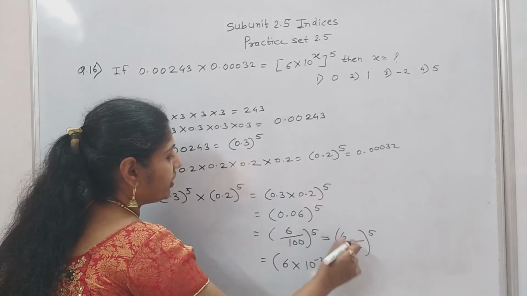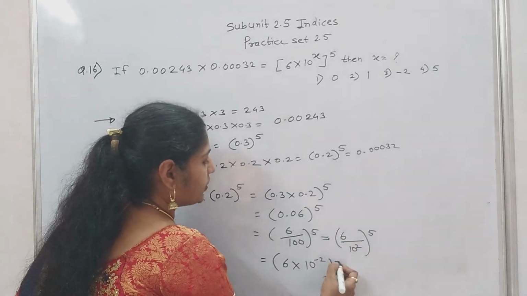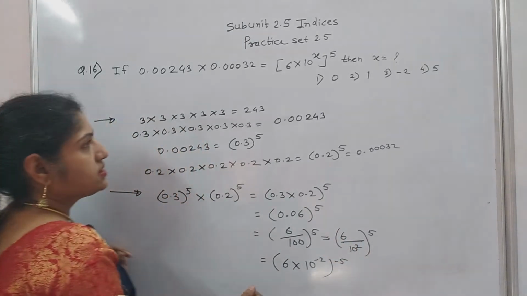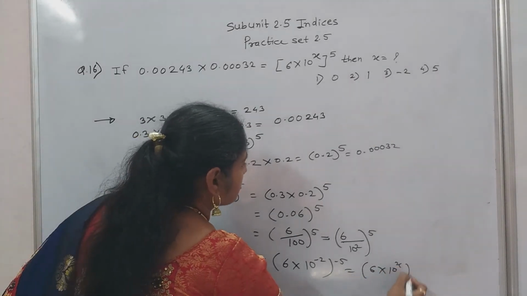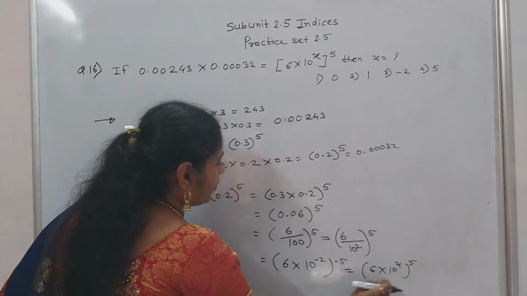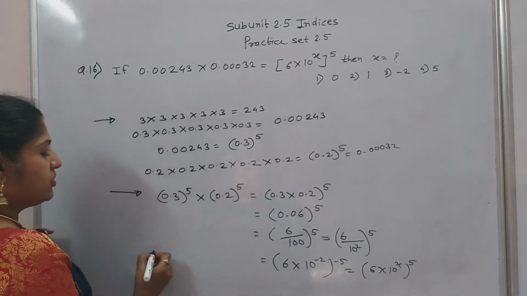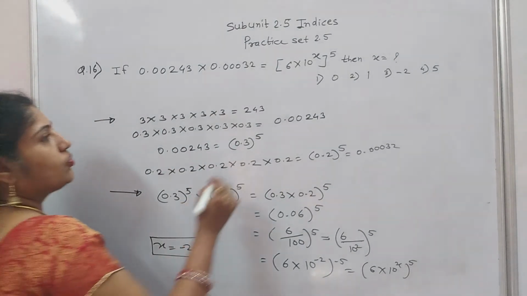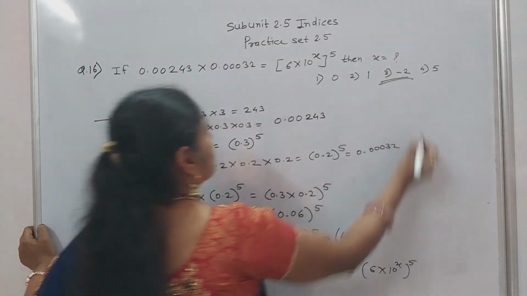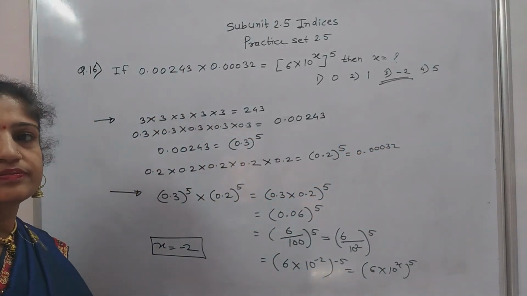It goes to the numerator, so the index goes to negative. So the given answer is 6 into 10 raised to x, raised to 5. Compare both, so x equal to minus 2. By comparing, x equal to minus 2. So our answer is option number 3.